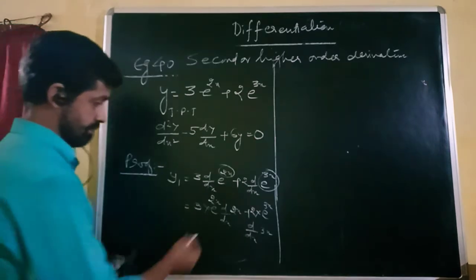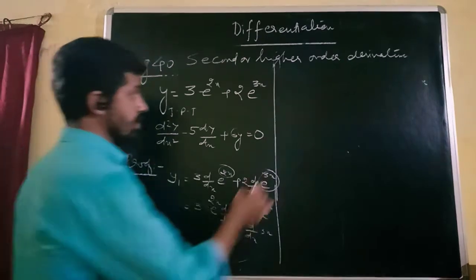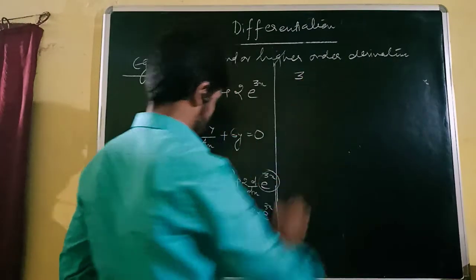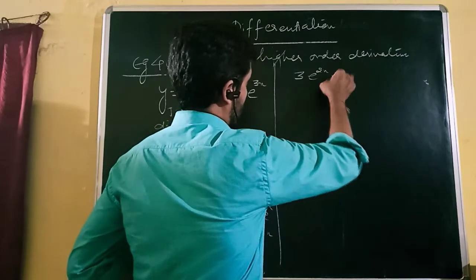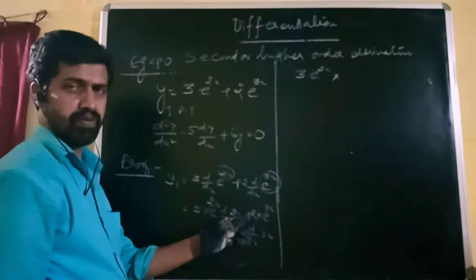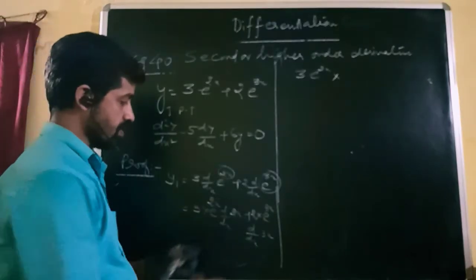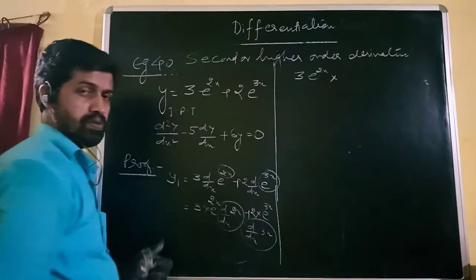Then simplify it further. This will be as it is, and 2x differentiation will be 2 because x differentiation is 1. So this one is reduced to 2 and this one is reduced to 3.